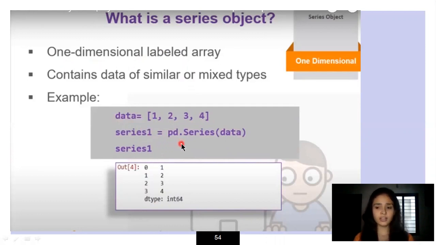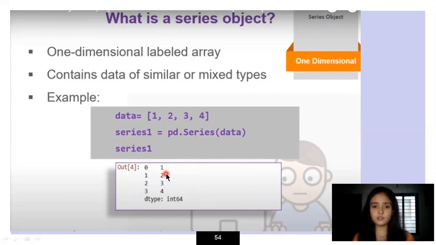To create a Series object in pandas, you write the syntax like this: pd.Series, where S is capital, and into the brackets, as an argument, you pass this variable, data. Whatever the result is, it will be stored in my new object, series1, and I am printing series1. Then you can see the output like this. So this is how the Series object is created in pandas.